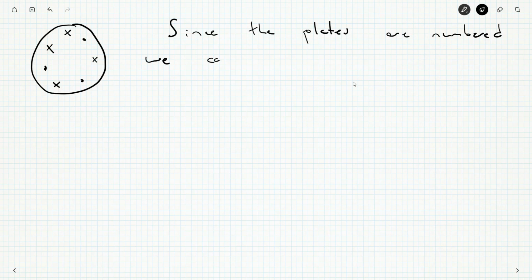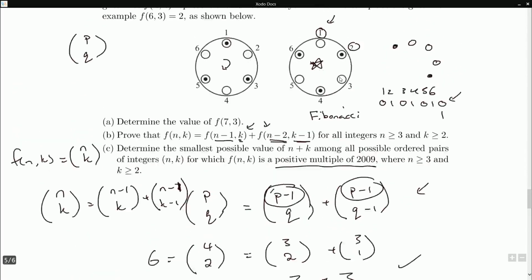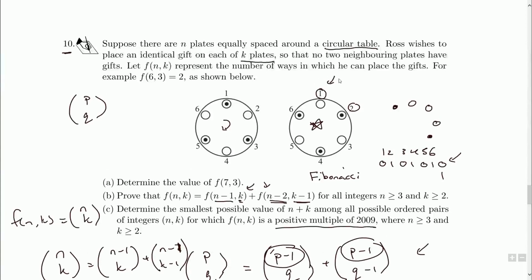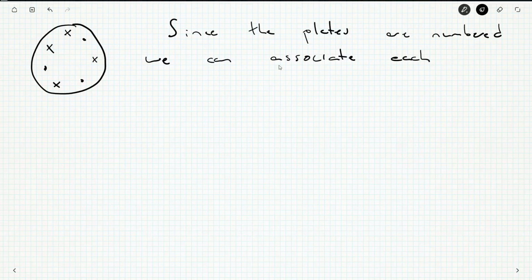They don't give a name to this, like special or valid or allowed or correct, do they? No. So, permitted or something like that. We can associate each arrangement.